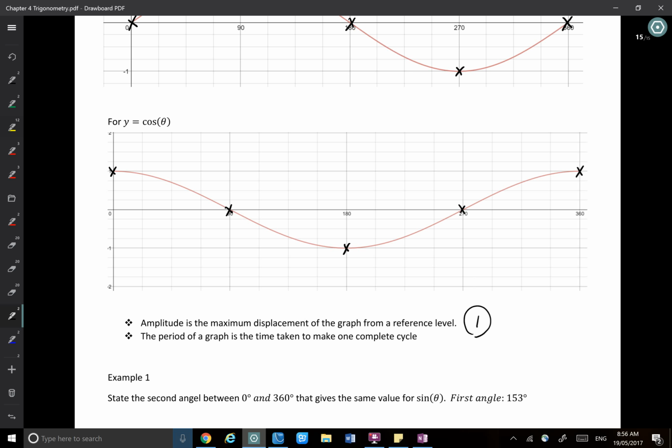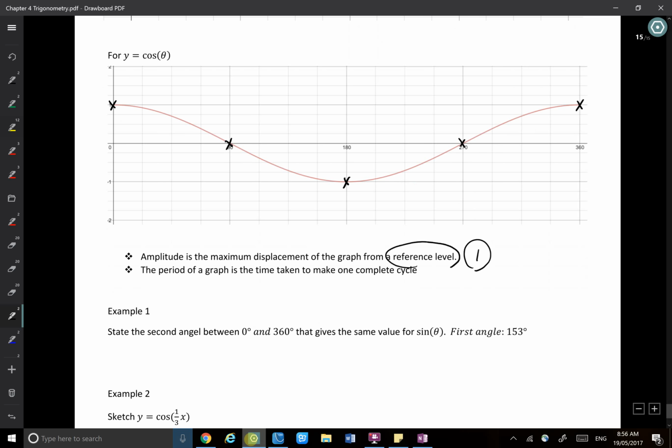The maximum movement is 1, not 2. It's from the mean level, the middle level. Where's the middle? y equals 0 is the middle of the graph.